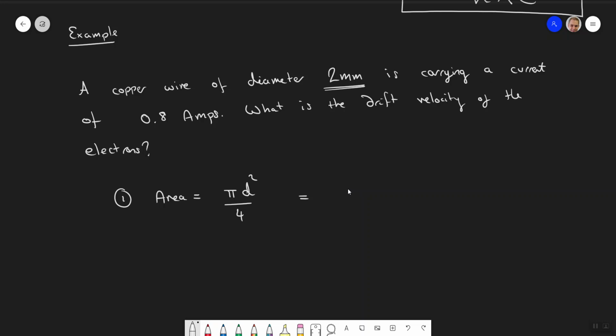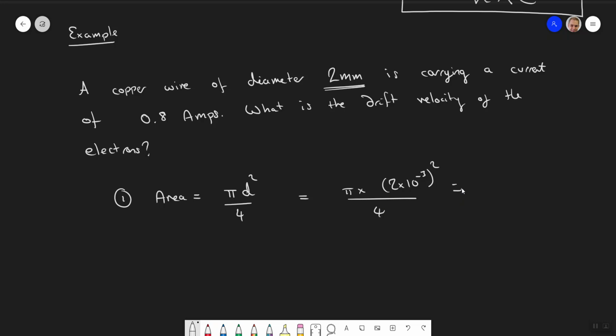So we've got pi times 2 times 10 to the minus 3, all squared over 4.